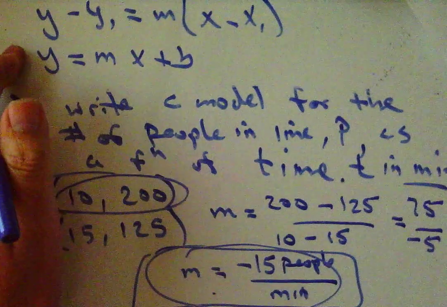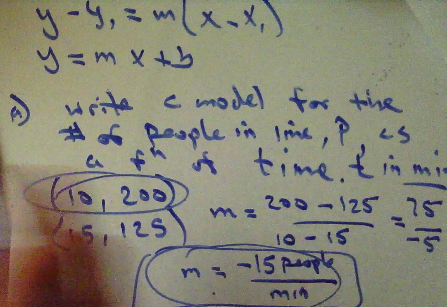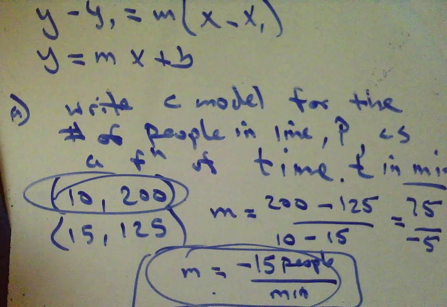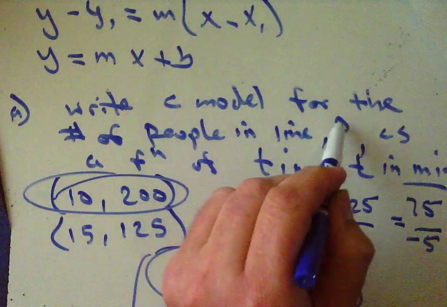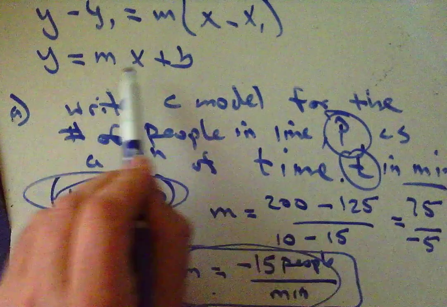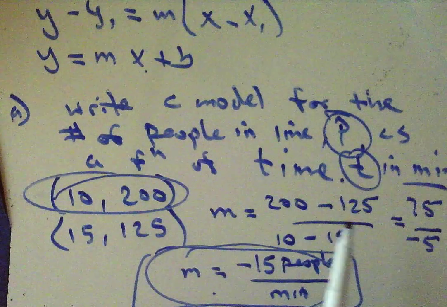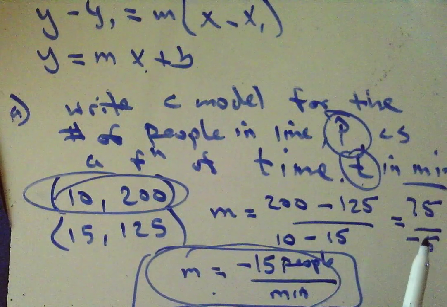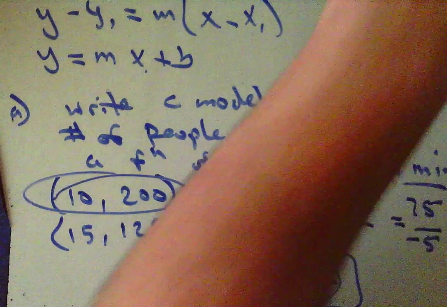You're more than welcome to use the bottom one. We weren't told which manner we should build this equation of the line. We were just asked to do it. But one thing here: notice p and t, not y and x. So make sure your answer has p equals, and there's t on the other side of that equation.